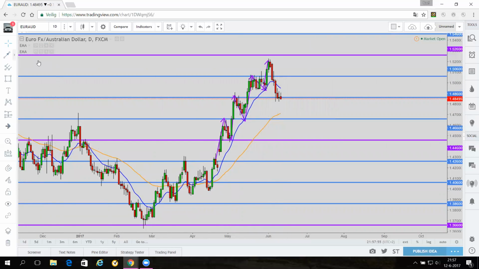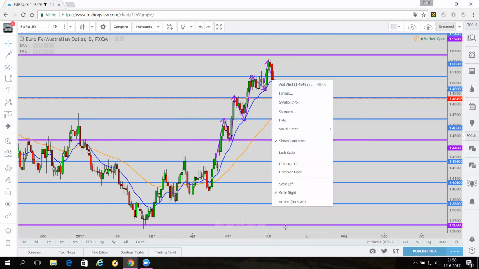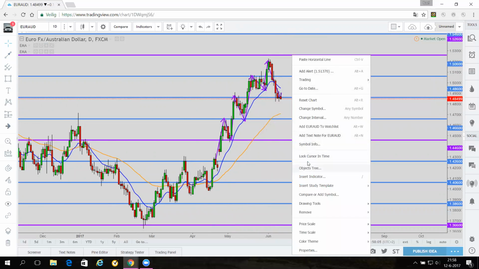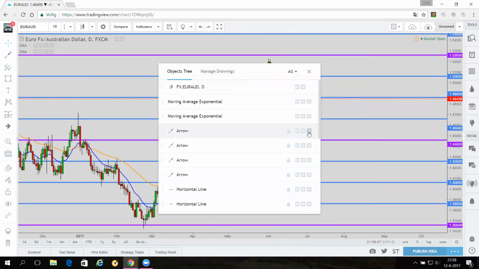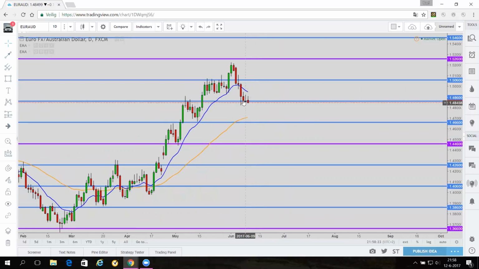Now, you may say, why did it go through here, but is it not going back up now? Well, it's breaking previous structure. I'll give an example. Let me just remove these arrows. This is a higher low, another higher low, a higher low, and then this is a lower low. It's breaking structure, the EMAs are turning down, momentum is closing down, dojis are forming.